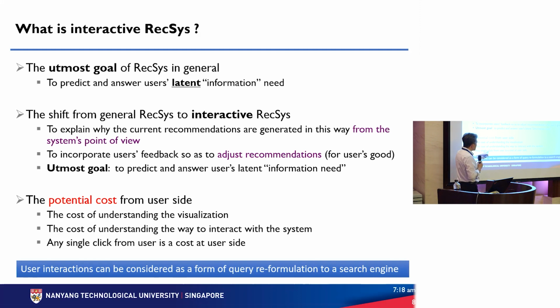Basically any single click from a user is a cost to the user, okay? I always believe that laziness is the first motivation for innovation, all right? Because I'm lazy, I don't want to do this. That's why I want to invent a simple, automatic system to do that, okay? So if you consider it this way, the user interactions can be considered as a form of query reformulation.